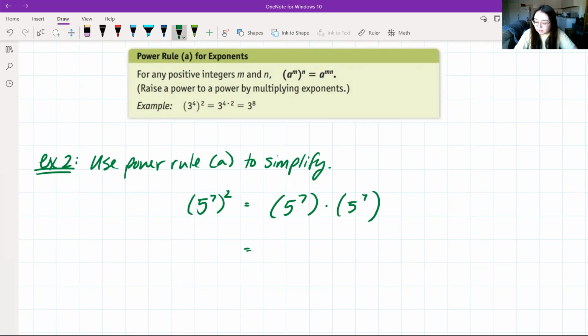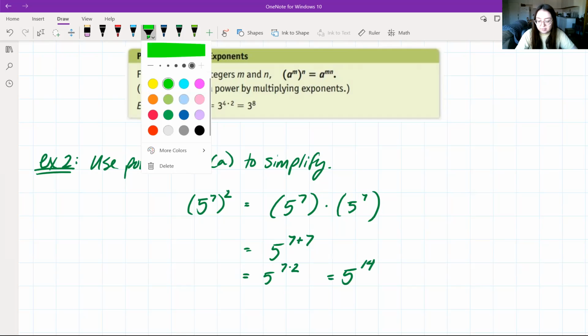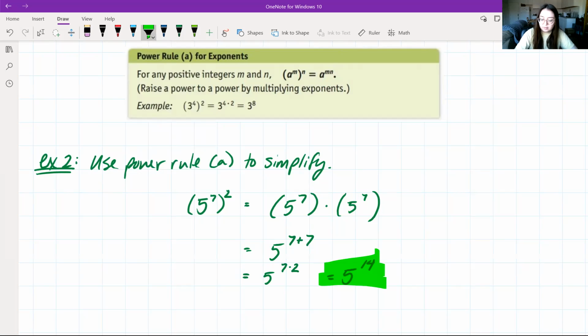Which, just like before, is like saying 5 to the power of 7 plus 7. We got this from our product rule, but from power rule A, we get that this is the same as 5 to the power of 7 times 2, which is going to give us 5 to the power of 14. So whenever we have a power raised to another power, we're going to multiply those exponents.